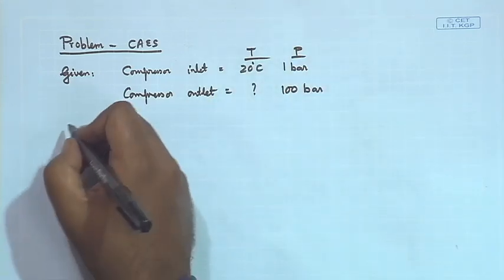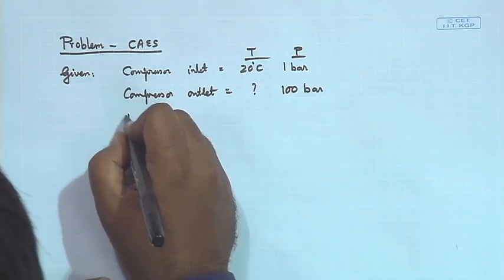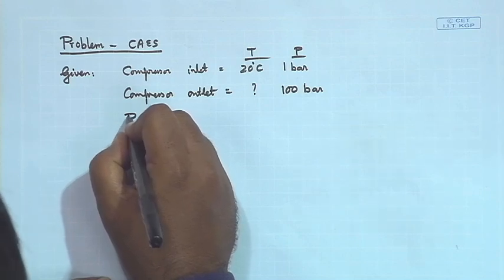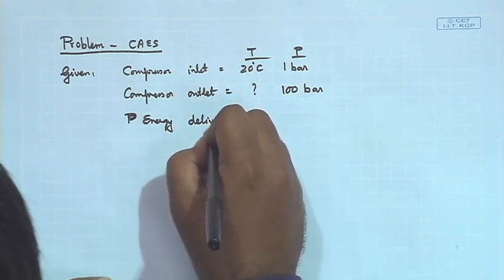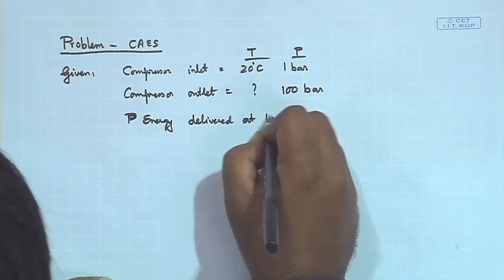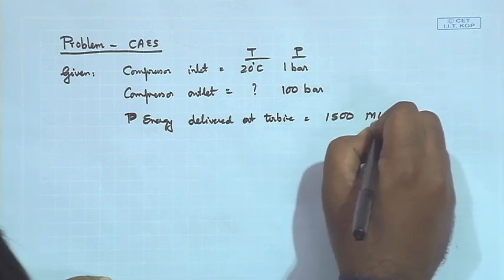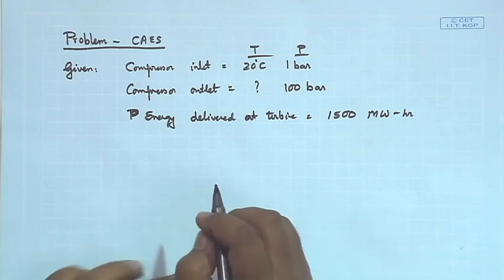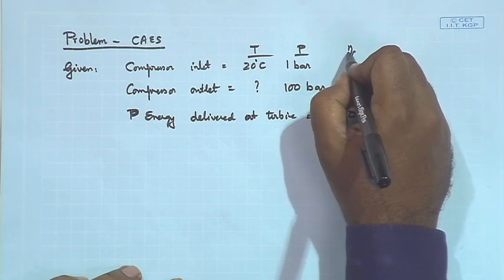What else is given? It is given that the energy storage, or energy delivered at the turbine, should be equal to 1500 megawatt hour. And there are a few other things given.